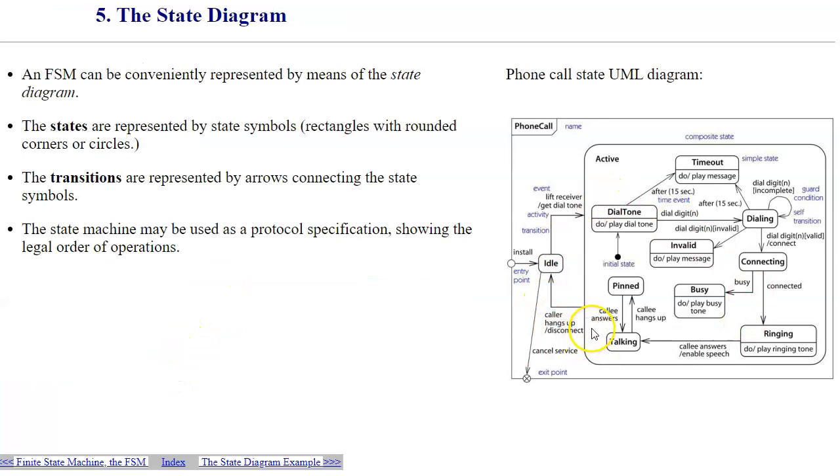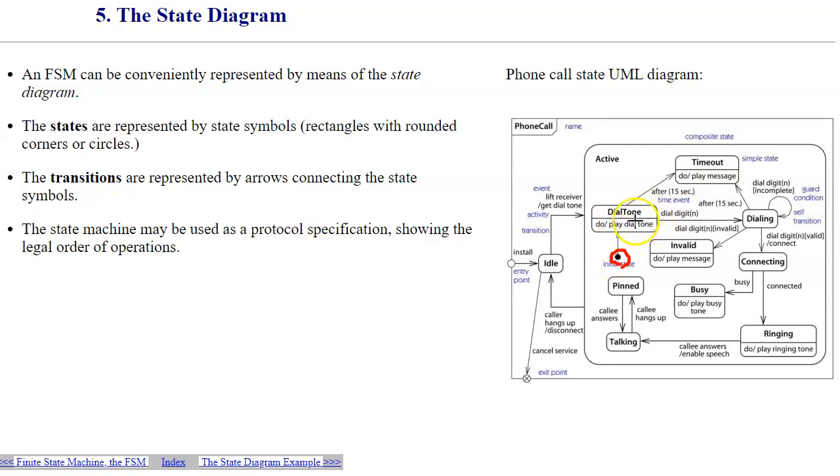State diagrams are very popular in different areas of engineering and software. So here's a quick demonstration of a phone call state diagram. It indicates that we have an initial state where everything is turned on, and then possibly for us this would be a handset taken off the hook. Then we have the dial tone.